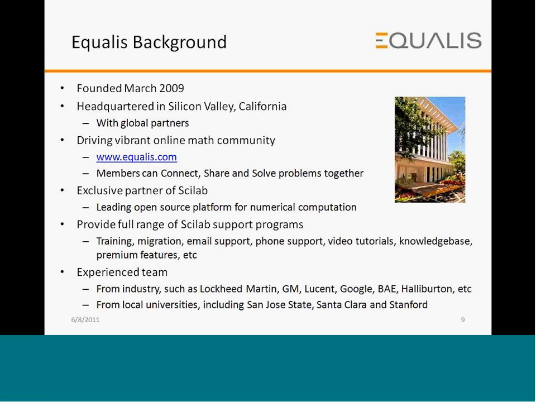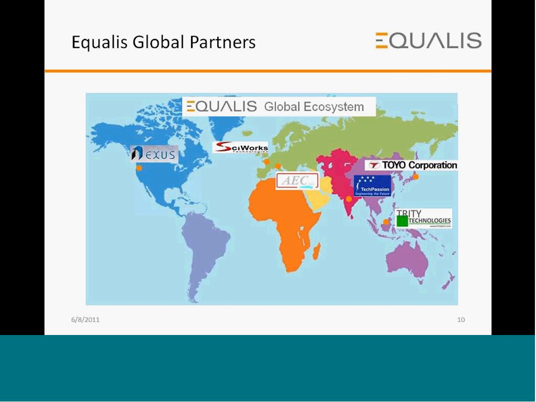We provide a full range of Scilab support programs for training, migration, email, phone support, video tutorials, knowledge base, and other premium features. We are an experienced team from industries such as Lockheed, GM, Lucent, Google, BAE, Halliburton, and train at local universities around the Bay Area, from Santa Clara, Stanford, San Jose State University.